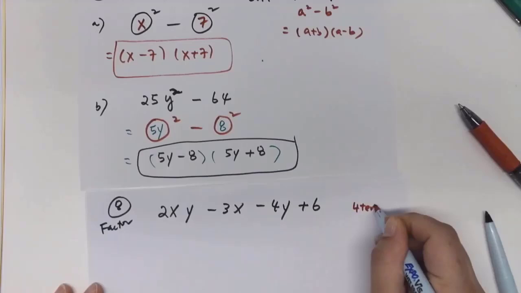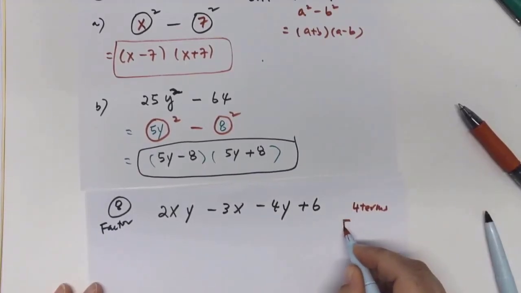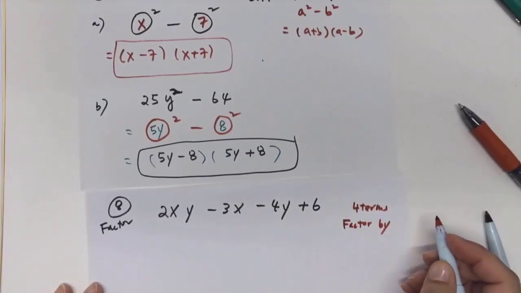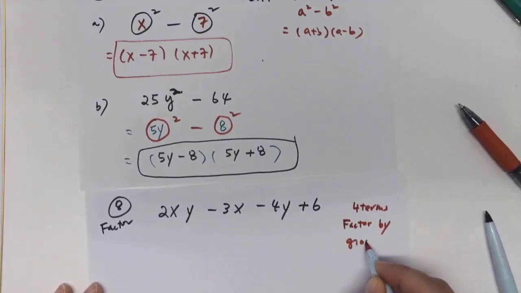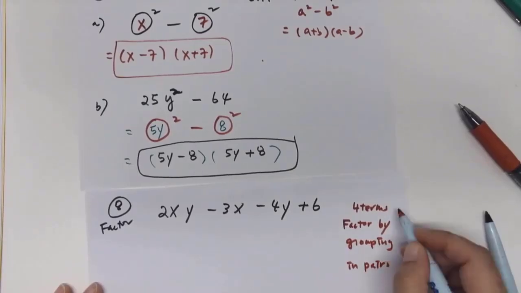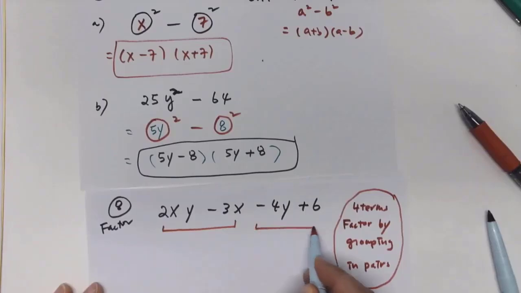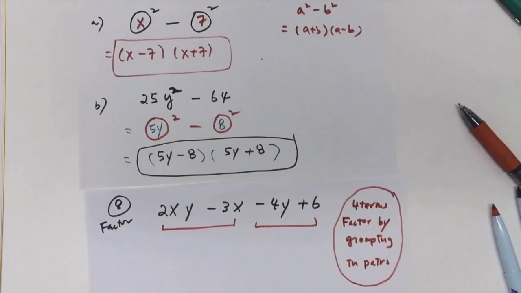When you have 4 terms factoring, we use factor by how many at a time? So factor by grouping in pairs. So 2 at a time. And then we want to focus on 2 at a time and see what we can pull out.